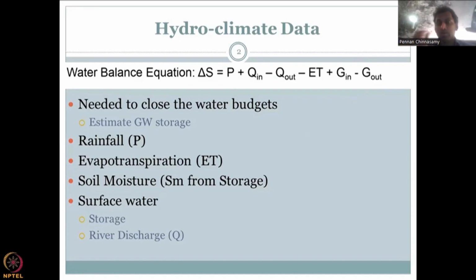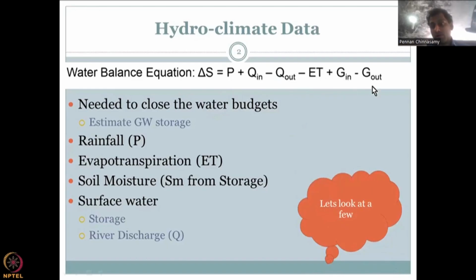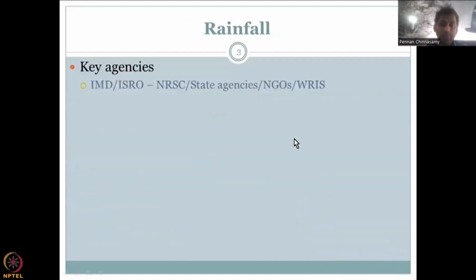So let's look at one of the most important ones. We won't go to all the data sources because all of them are in the WRIS website, but I'll just show you the major ones, which include your precipitation, your discharge, and evapotranspiration. Groundwater levels have already been seen.